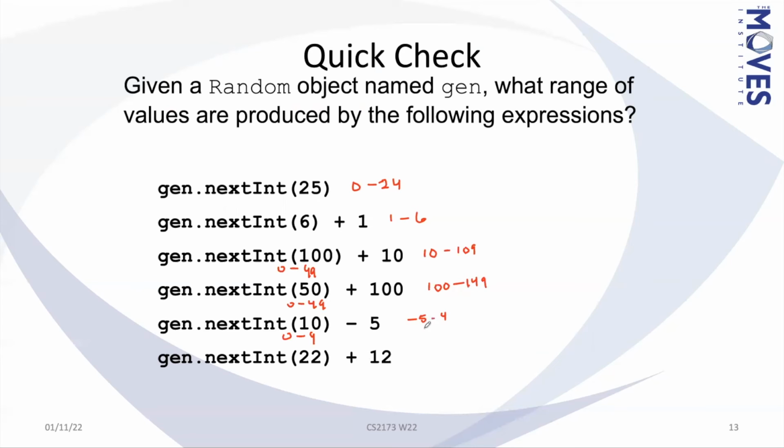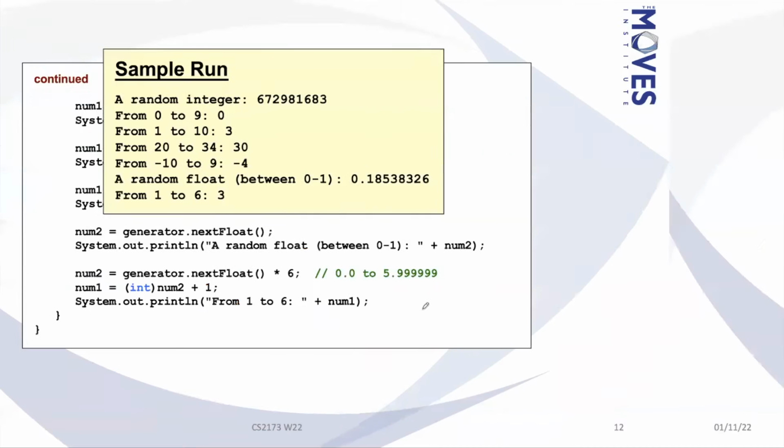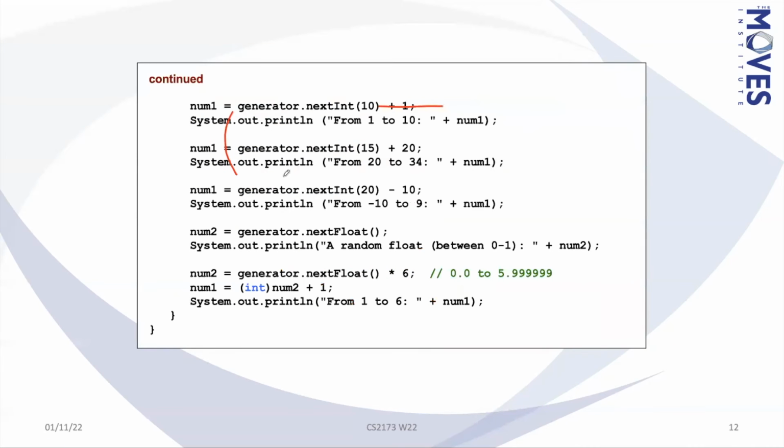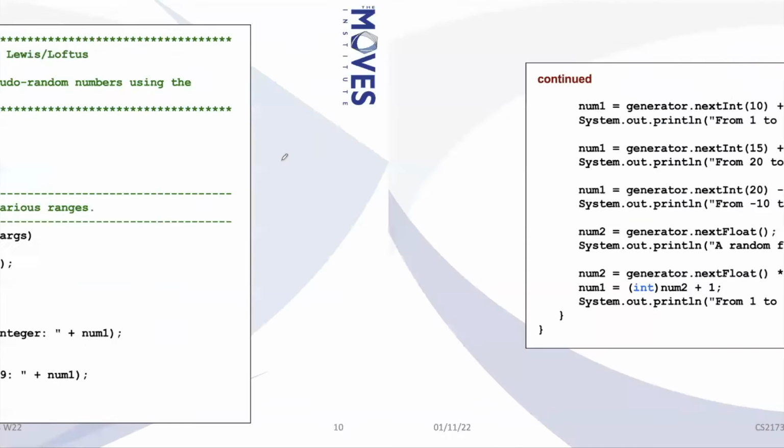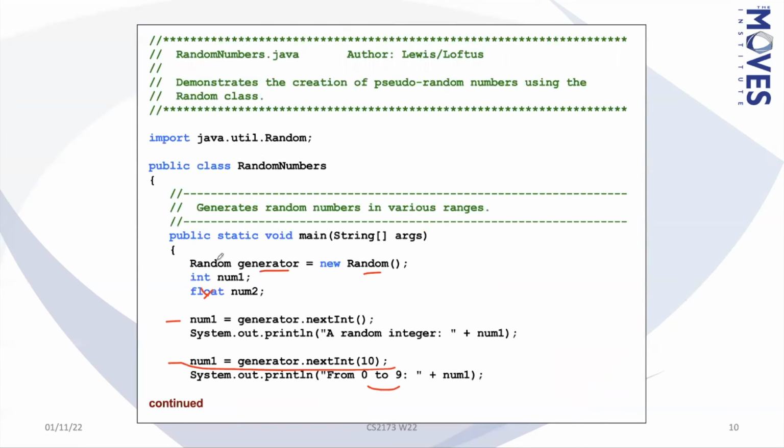And Professor, what would generator be classified as? Is that an object? Yes. And then nextInt is the method? Exactly. So yeah, let's look at this. Random is the class, generator is the object, and it's instantiated as one of these.